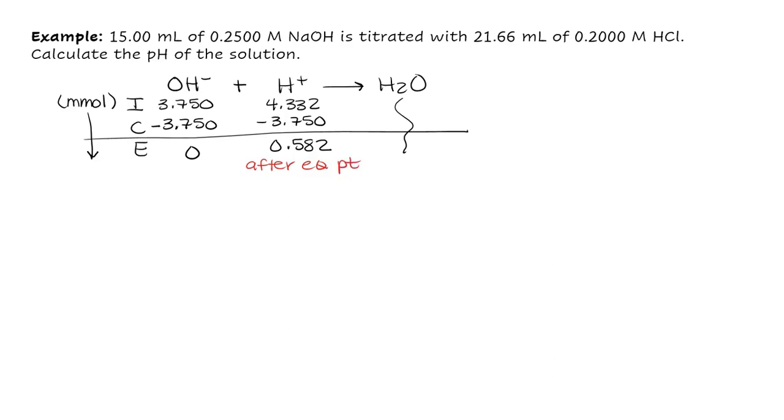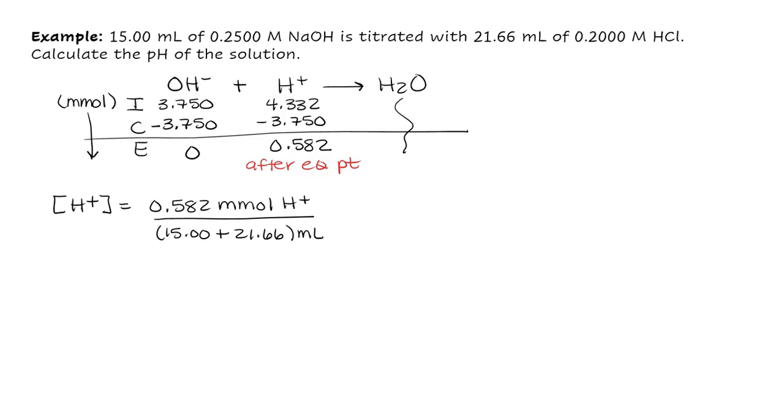To do our calculation, we need the molarity of the H+, so we get that from 0.582 millimoles of H+, divided by the total volume, which is 15.00 plus 21.66 milliliters.